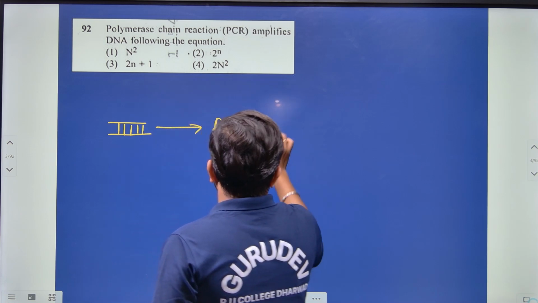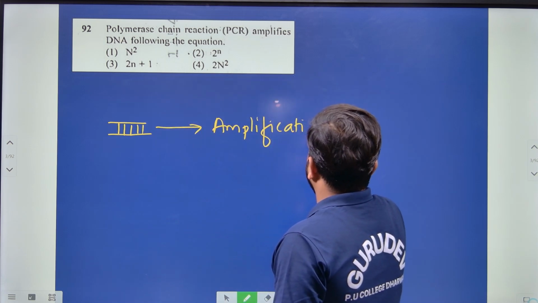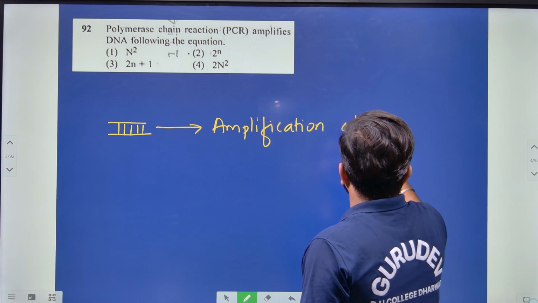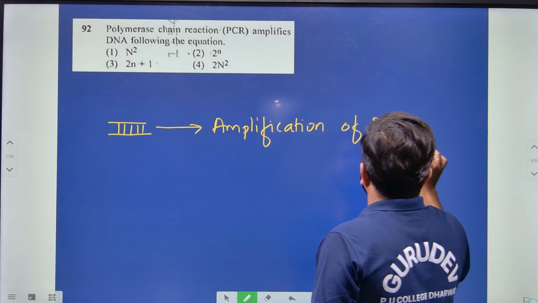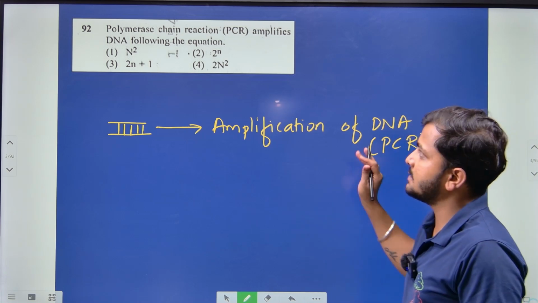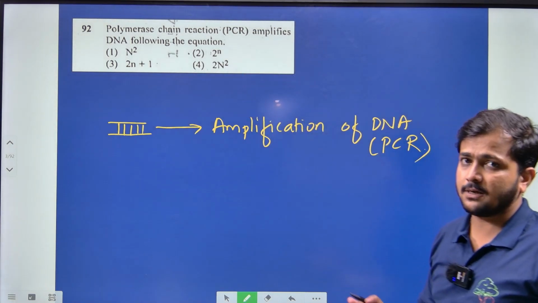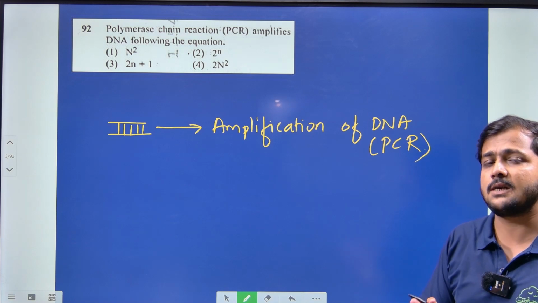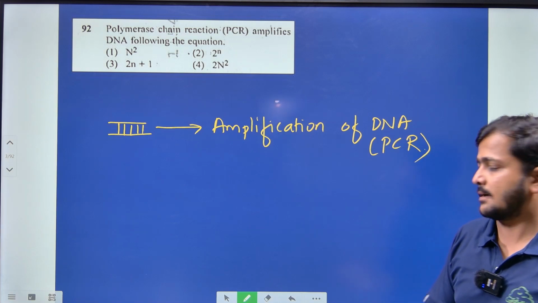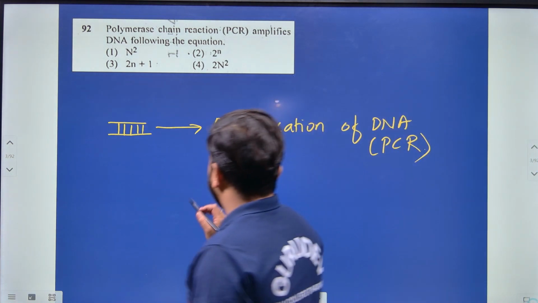This amplification of the DNA can be carried out by means of the PCR method, that is what we call polymerase chain reaction, right? Which is actually to be carried out inside a machine called a thermal cycler, right?